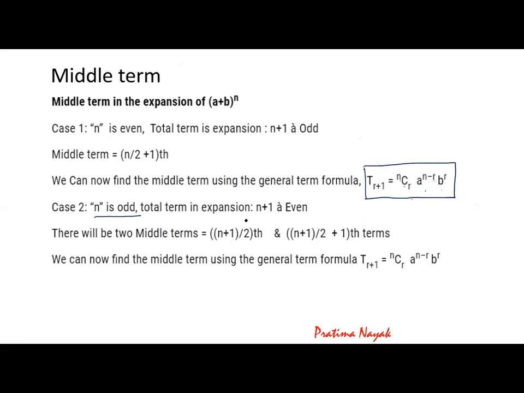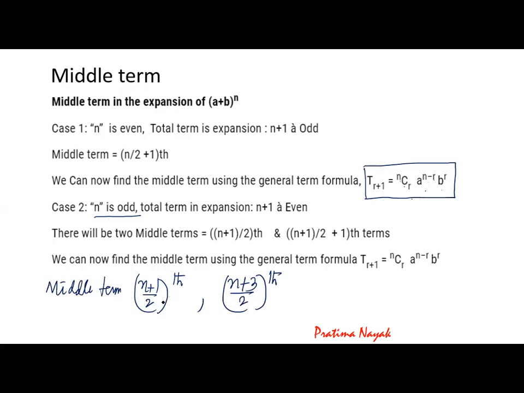When n is odd, there are two middle terms. One is the n plus 1 by 2th term, another is the n plus 3 by 2th term. These are the middle terms when n is odd. When we go to the questions, we'll solve the problems.